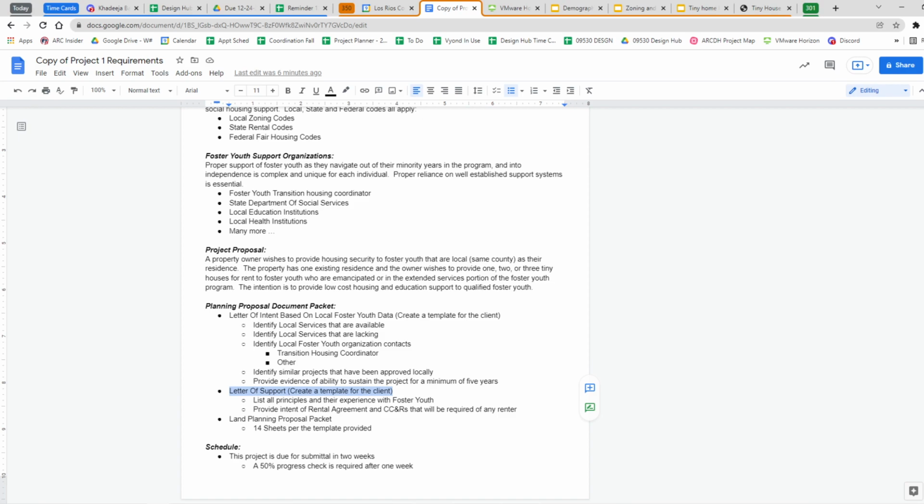So that was really good. They have offered to give us a letter of support that says they are willing to work with us and our client as they develop this opportunity for foster youth. So that's really cool. And they actually put us in touch with another group that is even more closely related because they're a little bit closer. And then, of course, we have the land planning packet.